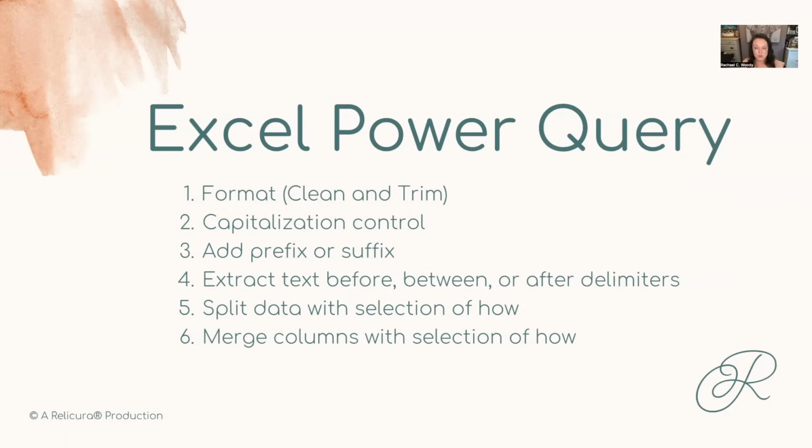Capitalization control, which is huge, especially if you're doing any sort of tag or subject management, or anywhere where there's been extensive use of capitalization that really should be changed to something like title case. We're going to then talk about the ability to add a prefix or suffix. This can be incredibly handy when you need to add or augment your particular accession numbers or file IDs, or if you need to add a building name before a location entry string. So multiple reasons or scenarios where those can be helpful.